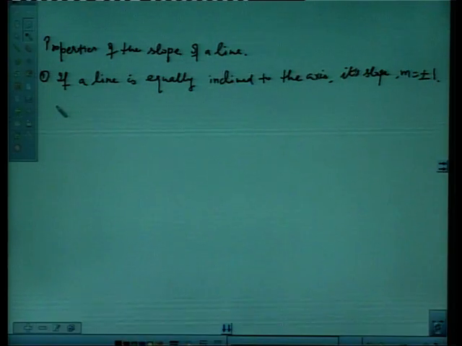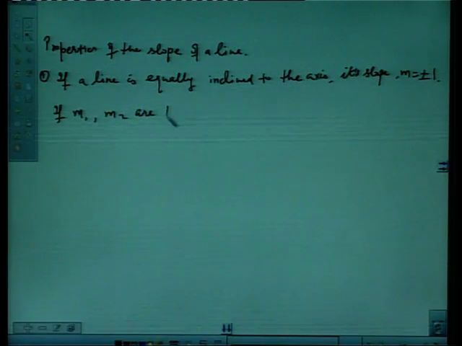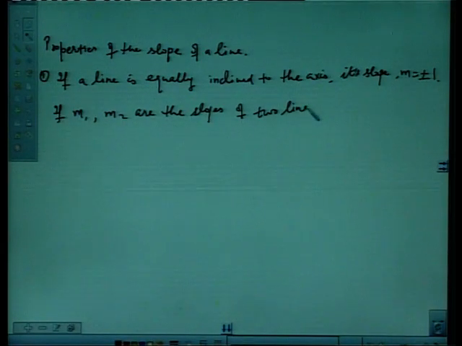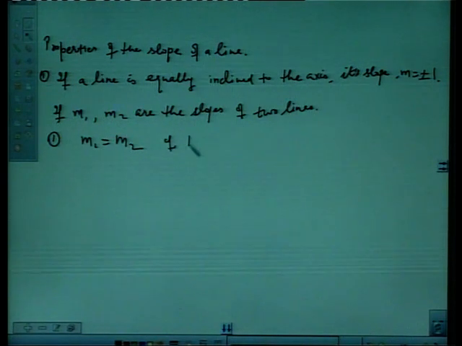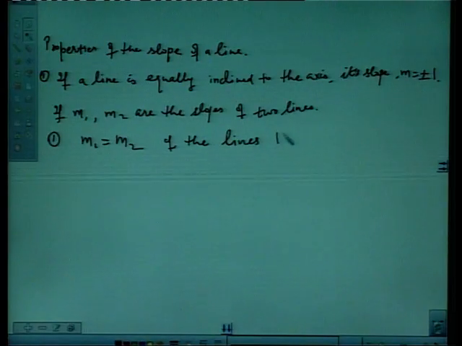Suppose m1 and m2 are the slopes of two lines, then number 1, m1 equal to m2, means slopes are equal if the lines are parallel.